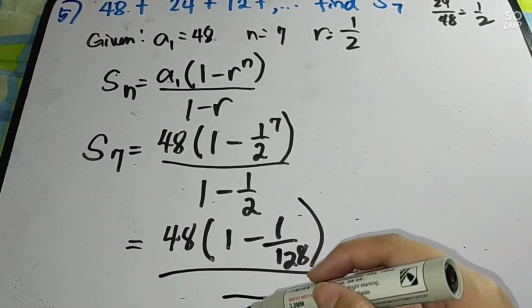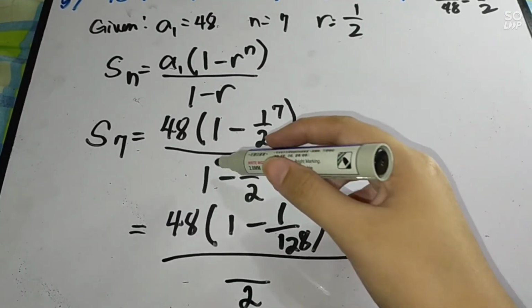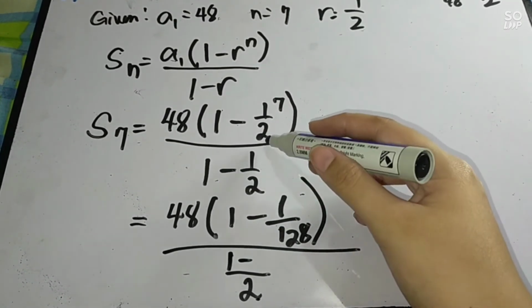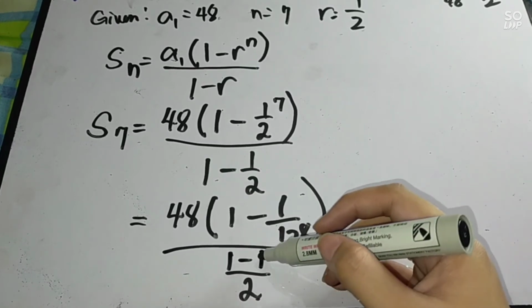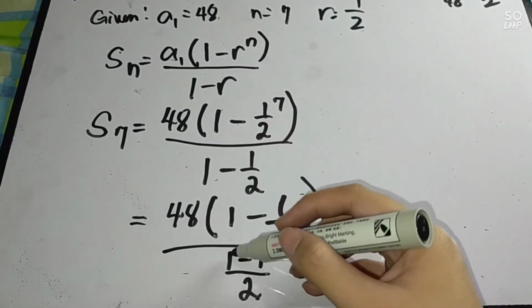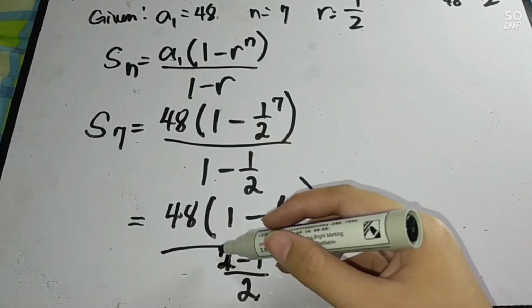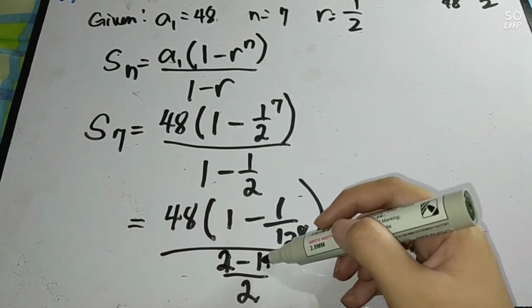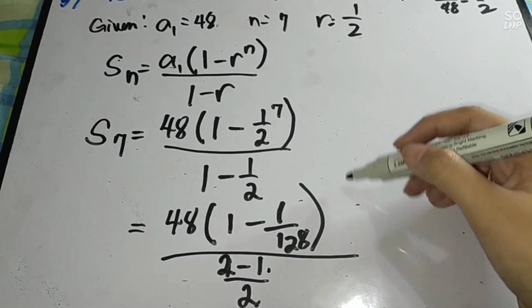Ang LCD niya is 2. Then, 2 times 1, we have 1 minus 2 divided by 2, we have 1. 1 times 1, we have 1. This one is 2 times 1 pala. This is 2. Then, 2 divided by 2, we have 1 times 1, we have 1. Ayan. Then, simplify natin sa taas.